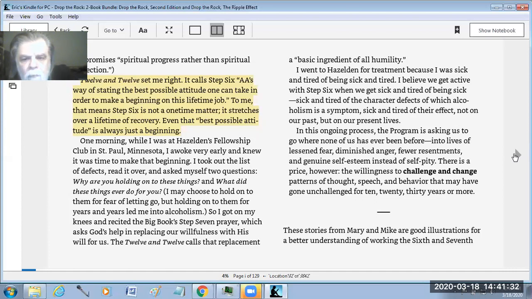In this ongoing process, the program is asking us to go where none of us had ever been before, into lives of lessened fear, diminished anger, pure resentments, and genuine self-esteem instead of self-pity. There is a price, however: the willingness to challenge and change patterns of thought, speech, and behavior that may have gone unchallenged for 10, 20, 30 years or more.